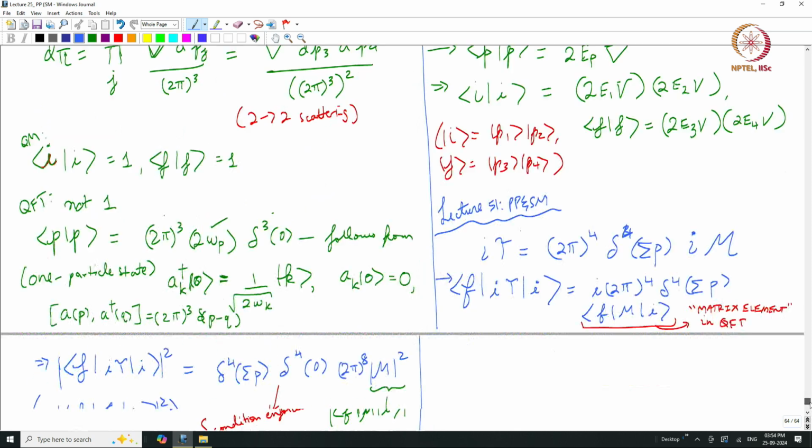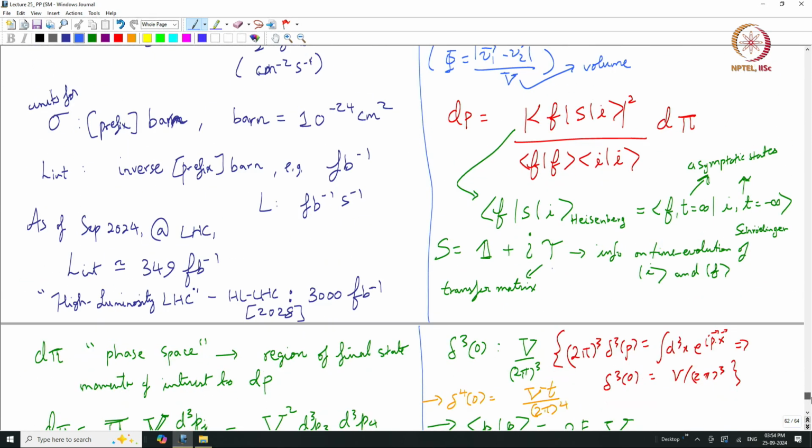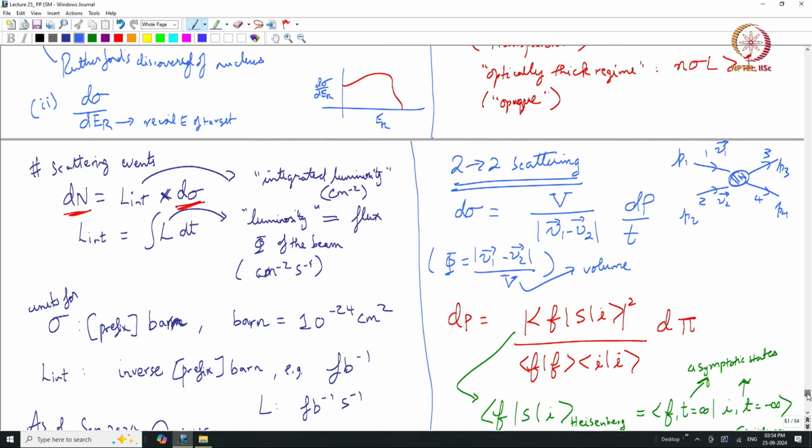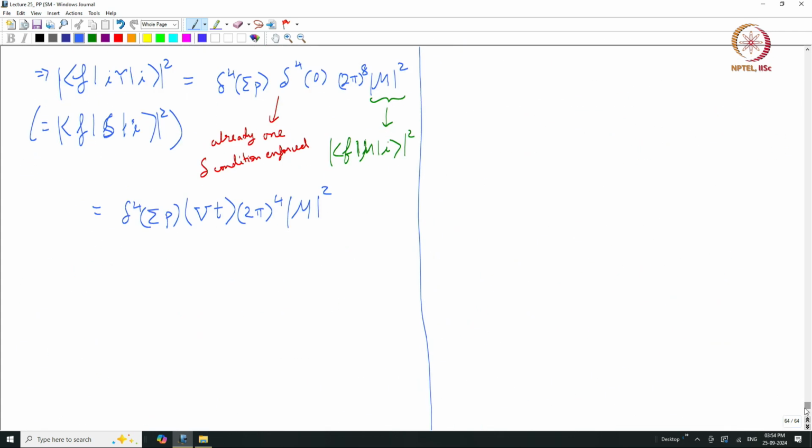So what do we have now? We have a dP, we have the denominator terms, we have the numerator term, we have the phase space, and we have the rest: V and V and T and v1 minus v2. All of this we have, right? We're going to put all that together. Let's do it again bit by bit. Putting them together, first let me write just dP.